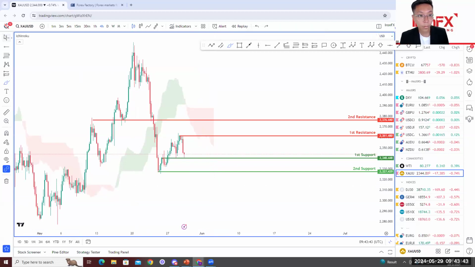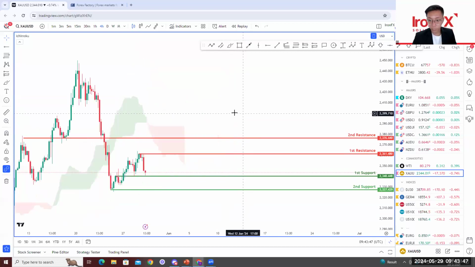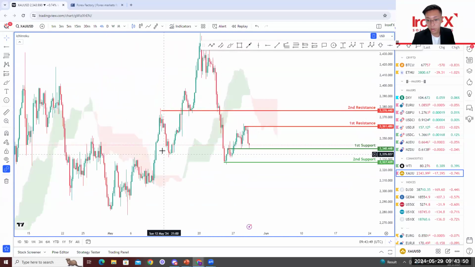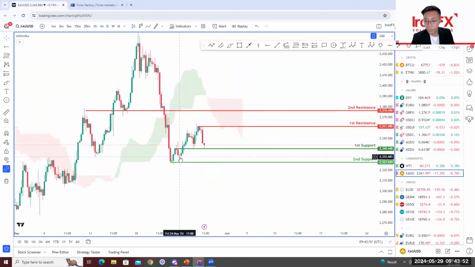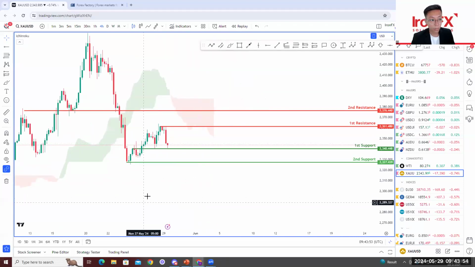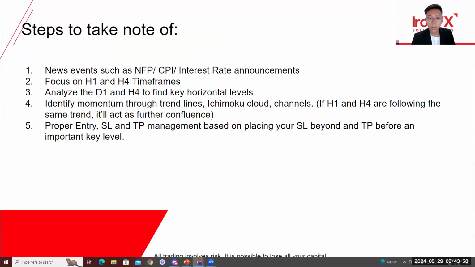Because as of this moment, gold is actually still pretty high, and gold might have a strong correction. All right, so this is what I'm looking at for gold. Then let's see what's next.